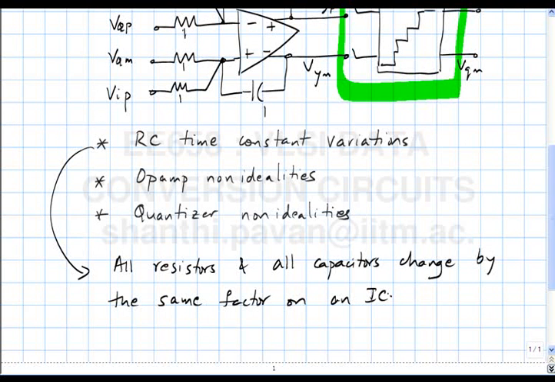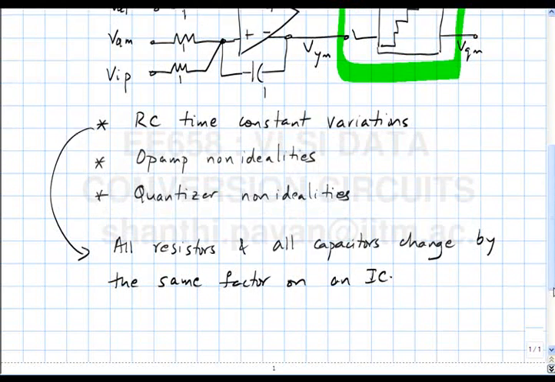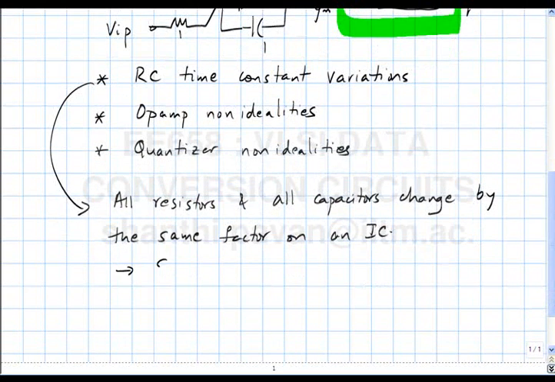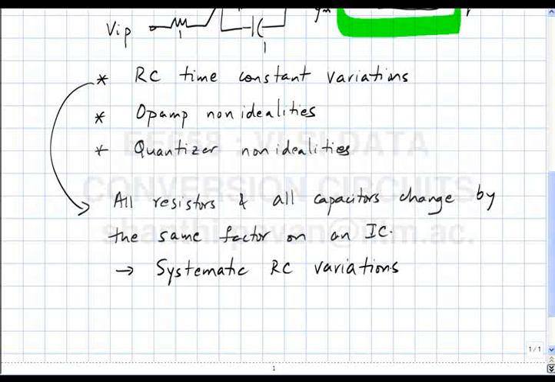In other words, if you make 100 resistors, they could all be lousy, but they'll all be equally lousy. So such variations are what are called systematic variations. All right.